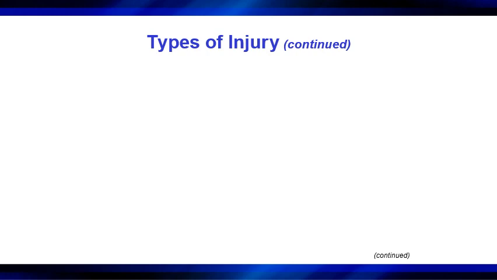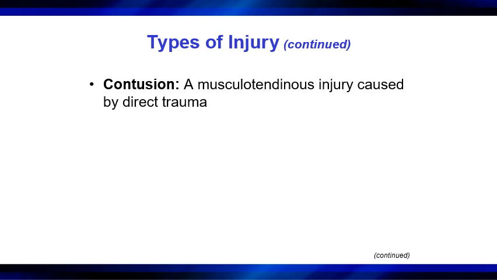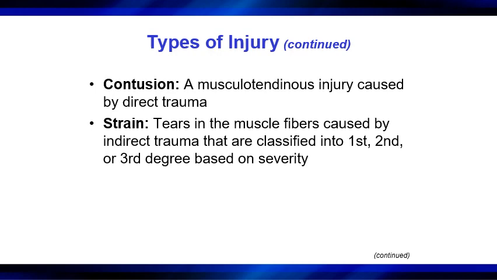Okay, so some other types of injuries that we look at here. A contusion is basically a medical term for a bruise. Usually this is a musculotendinous injury caused by direct trauma. You could also have what they call deep bone bruises, which many times people will think are fractures, and there may be some small amount of fracturing taking place, but bone bruises do tend to be very painful.